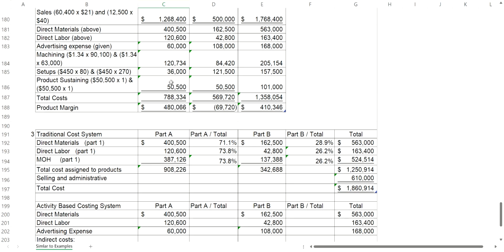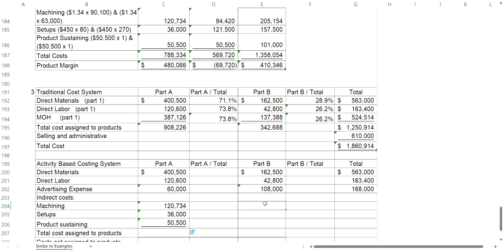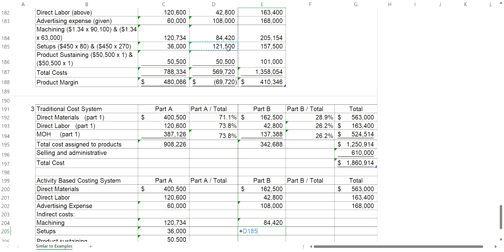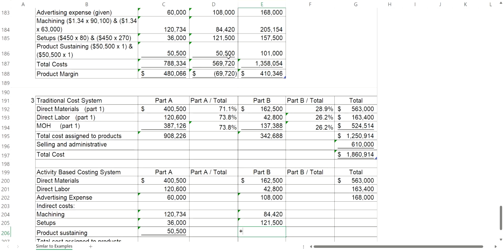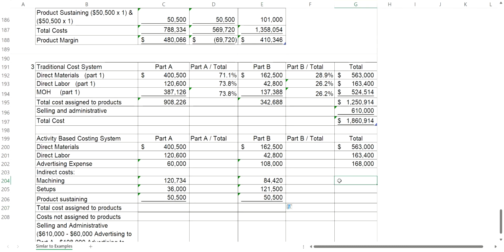For setups, 36, and for product sustaining, 50,100. Okay, do the same for product B. Machining was 84,200. Setups, 121,500. And product sustaining, 50,500. Okay, I'll go ahead and put those in the total column.